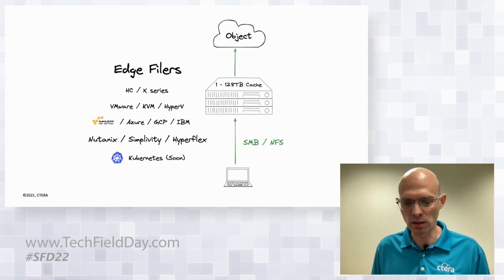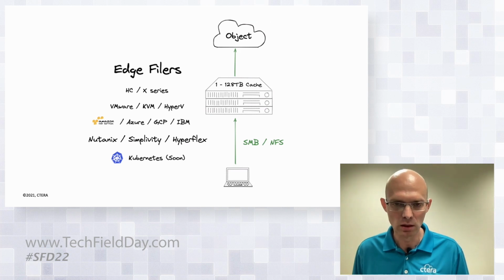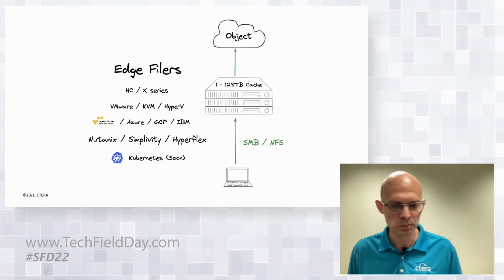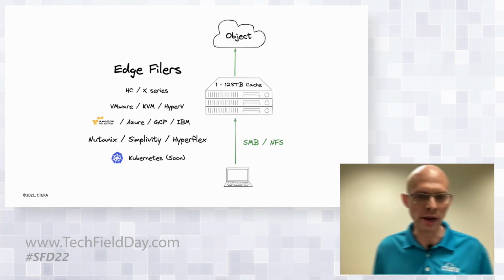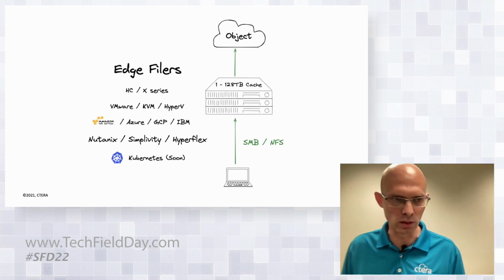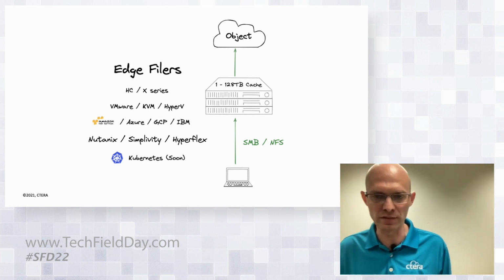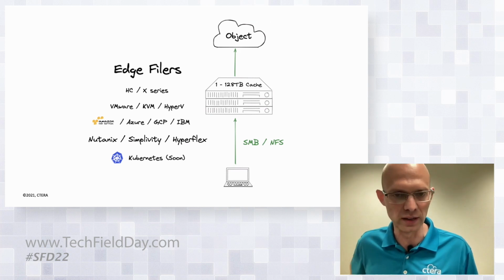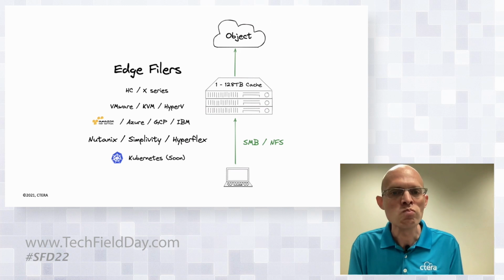And we have the X series. The X series is a hyper-converged appliance. So it comes as a cluster of multiple devices. It's all flash and highly available. So if one of the nodes fails, then you have a local backup of everything, so you don't have to fail over to a different edge filer. You can use the single edge filer as highly available.